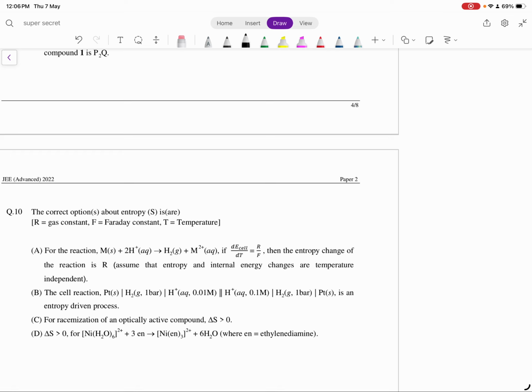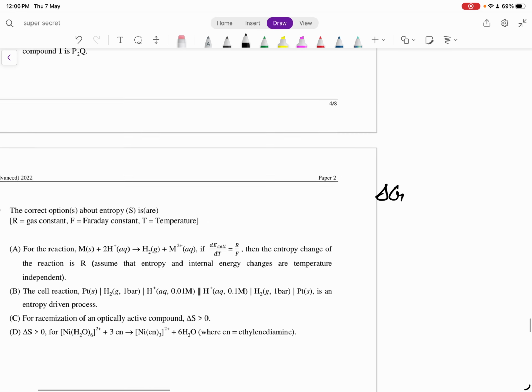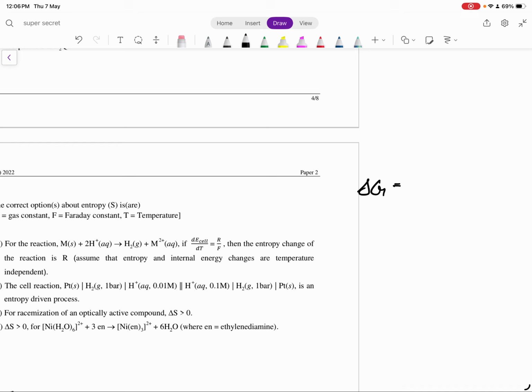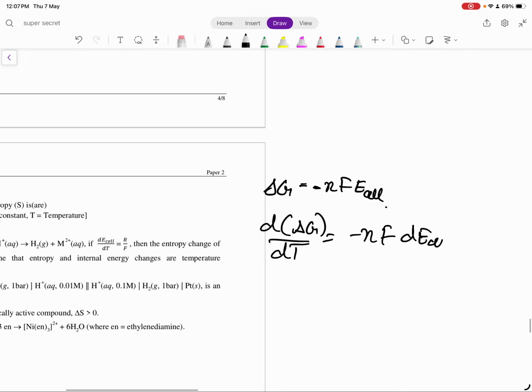We have delta G is equal to minus NFE cell. So d of delta G by dt is equal to minus NF dE cell by dt.